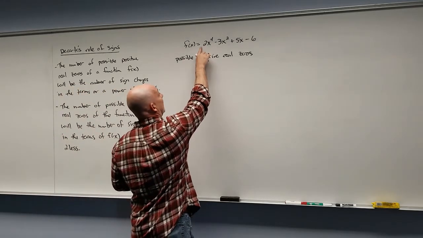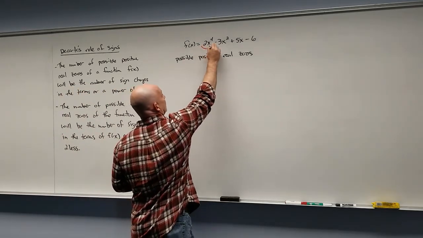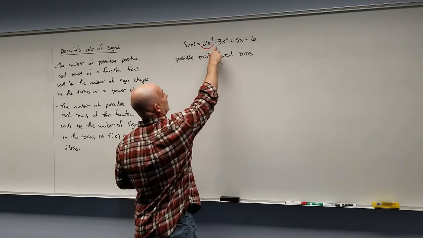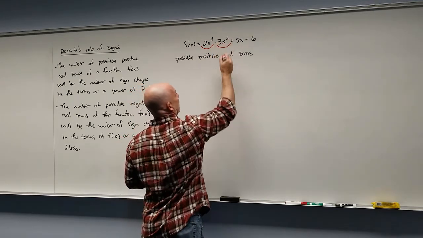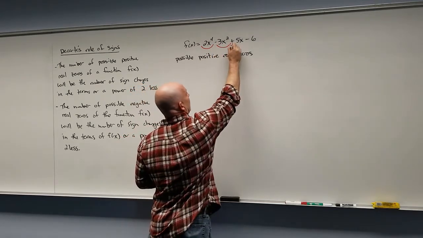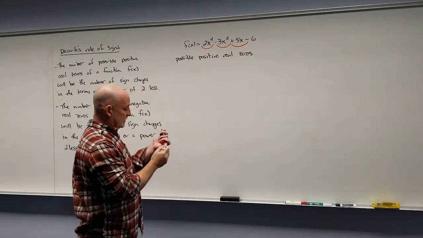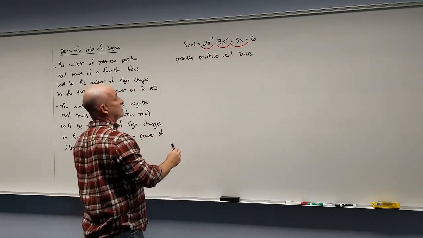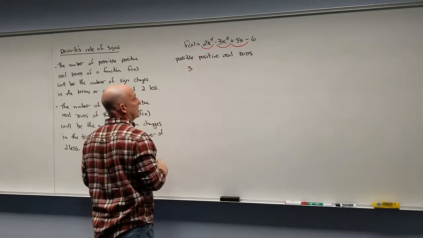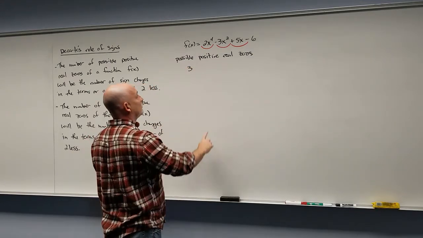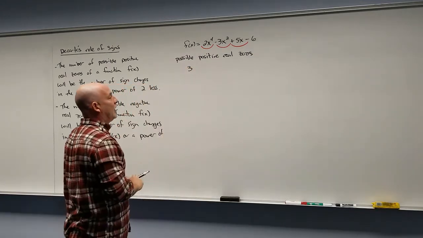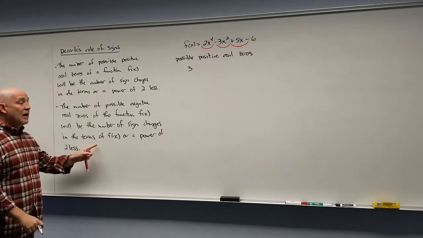The first term's positive, the second term is negative, so that is a sign change. From second to third, it goes from negative to positive, that's a sign change, and then from positive to negative, that's also a sign change. So in this case, there are 3 sign changes. That means there's 3 possible positive real zeros, or a power of 2 less.